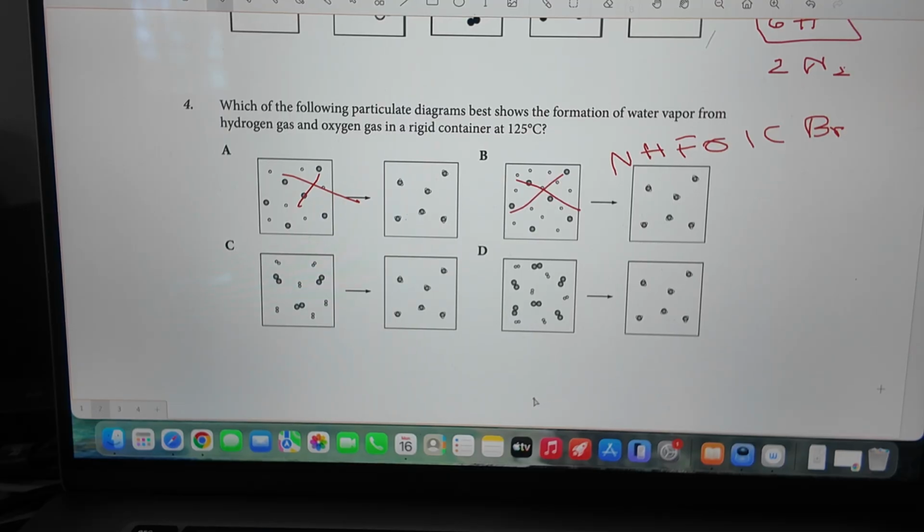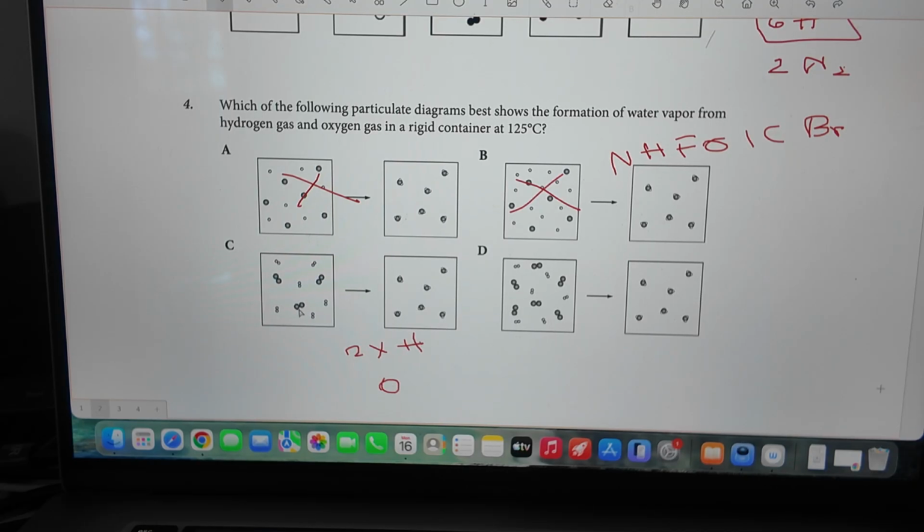I guess the proportions are something we would have to look at. We need 2 times as many hydrogens as we have oxygens.